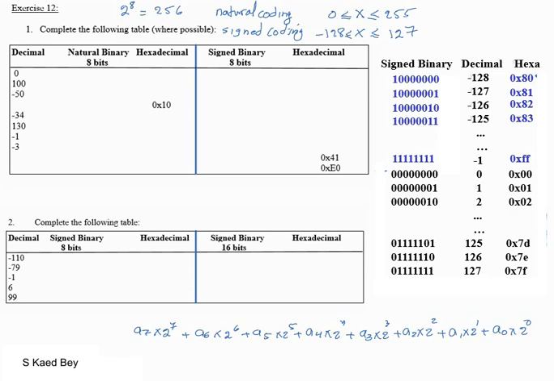So to convert from binary to decimal and vice versa, it's handy to write the below relationship, where a could be either 0 or 1. 2 to the power 7 is in fact 128 in a natural coding, and it is a negative 128 if it's a signed coding.